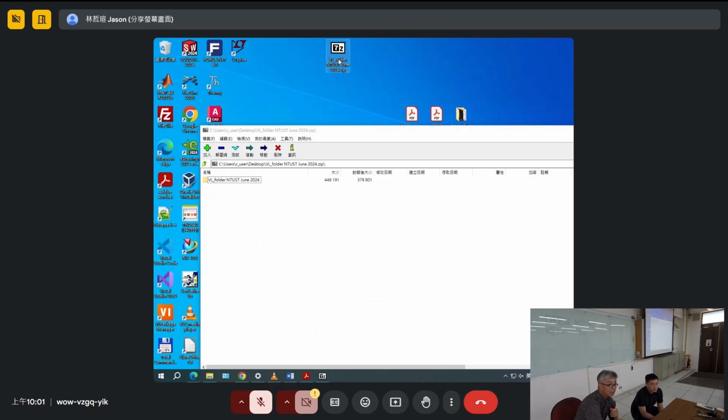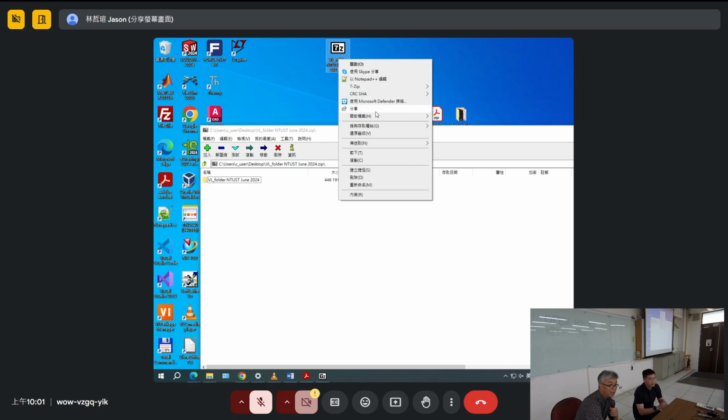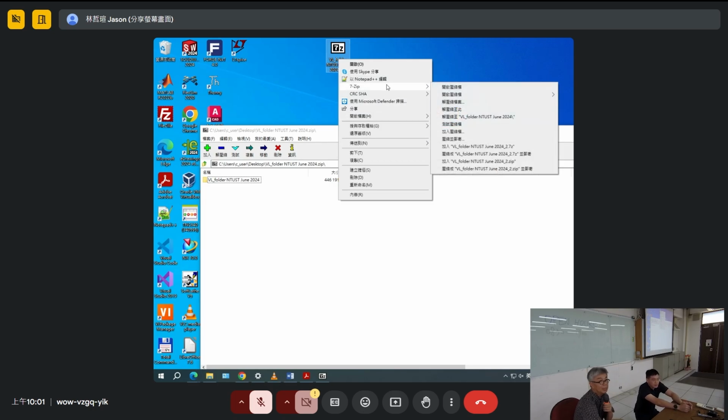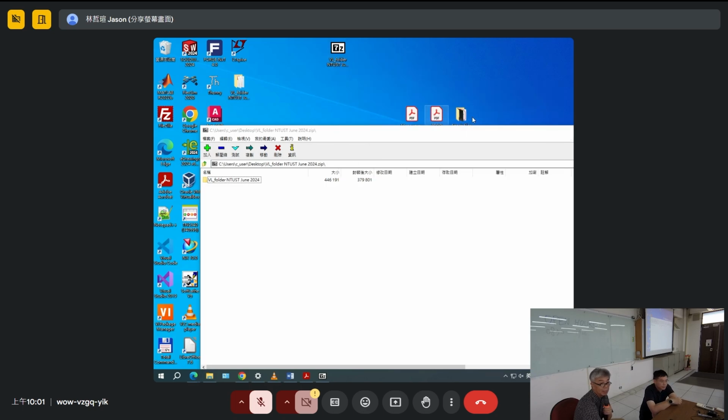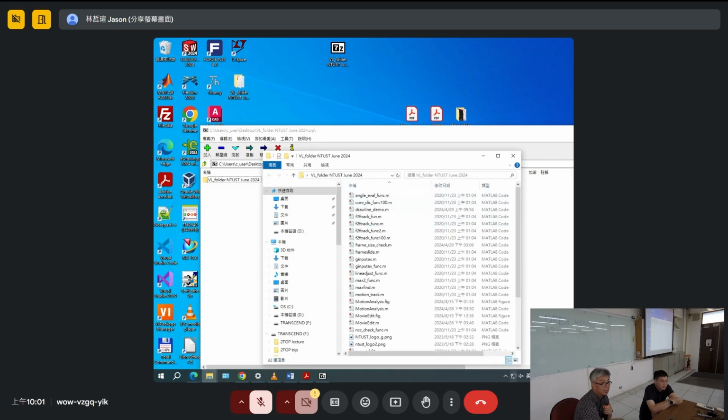Okay, you have to come here, right click, and here you go, 7-zip. And come to here. Good. We would like to unzip it. Then it will create the folder, and here you will see all the code I created, plus some junk.